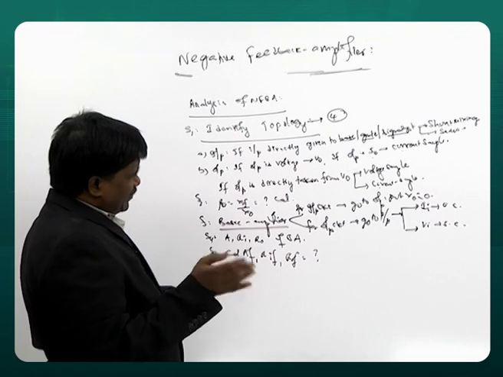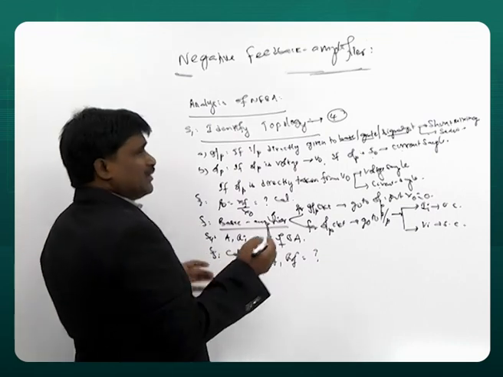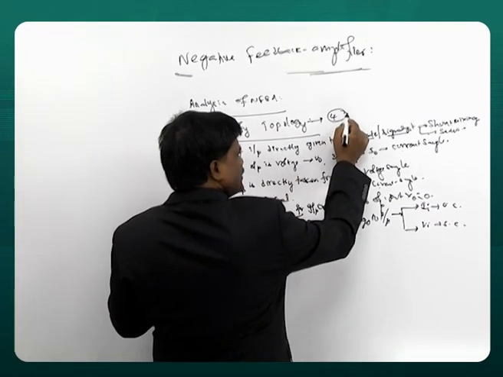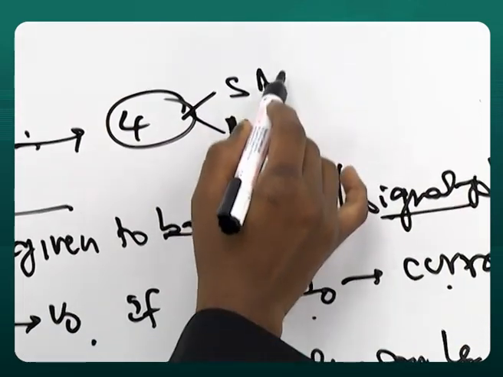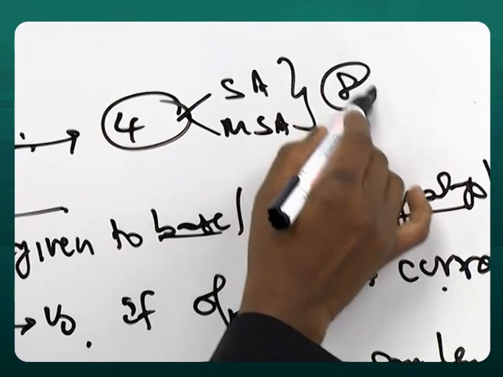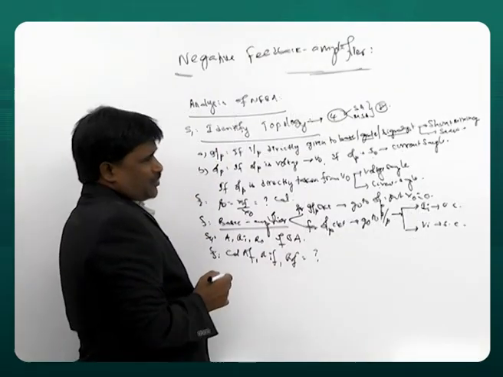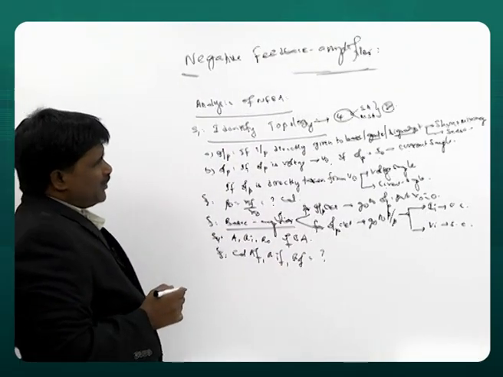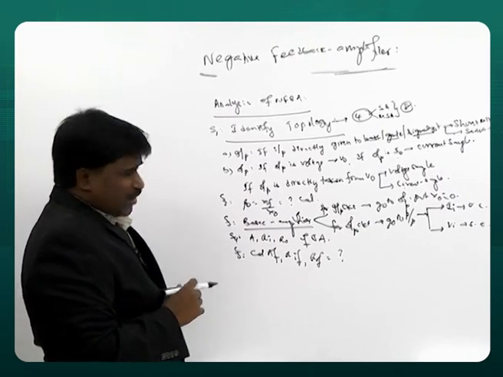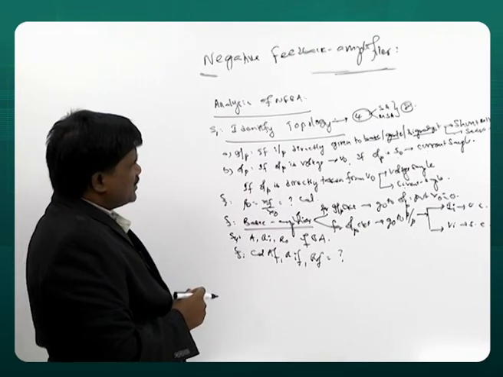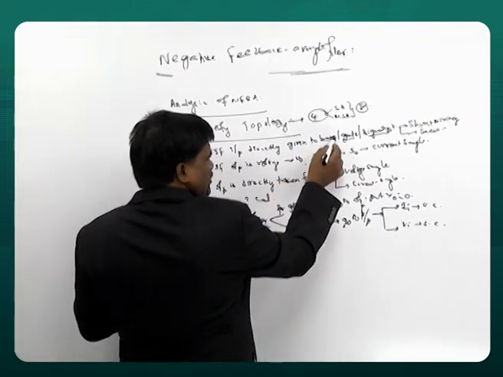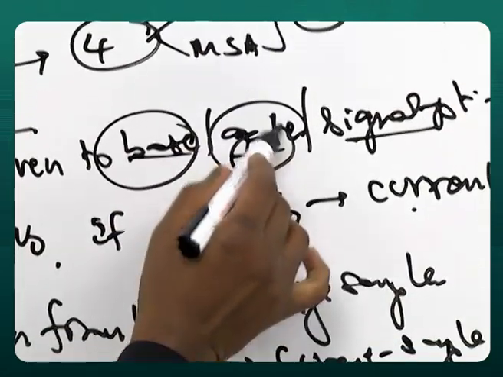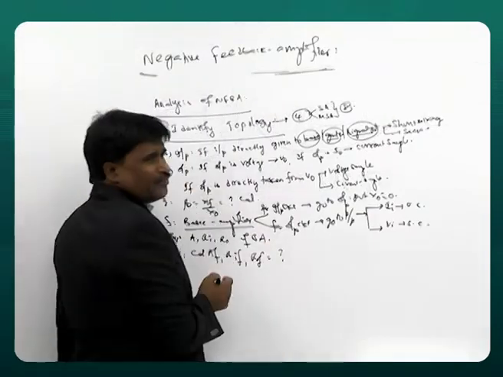There are several amplifiers. For example, there are 4 topologies, single stage, multi-stage, and in total you can have 8. So we will see some problems and see how we analyze using this procedure I have given. I said this is base because of BJT, gate is FET and signal point is op-amp.